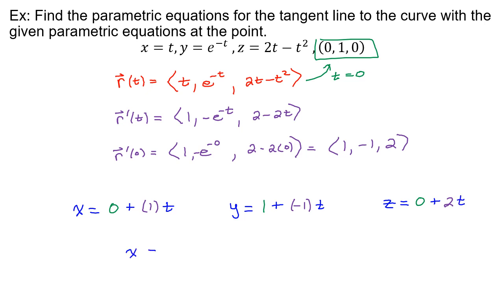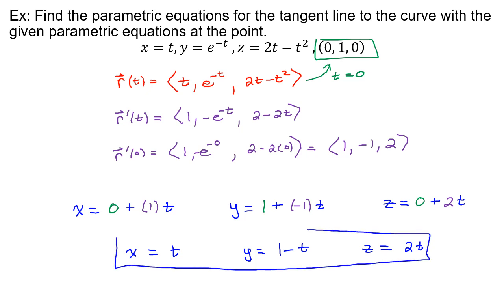And I'm going to make that look a little prettier. This is x equals t, y equals 1 minus t, and z equals 2t. These represent your parametric equations for the tangent line: t, 1 minus t, and 2t. So that one worked out even better than the last one, in my opinion anyway.